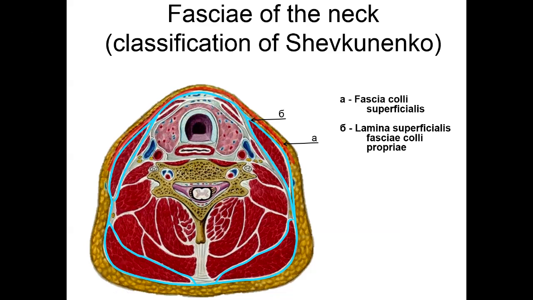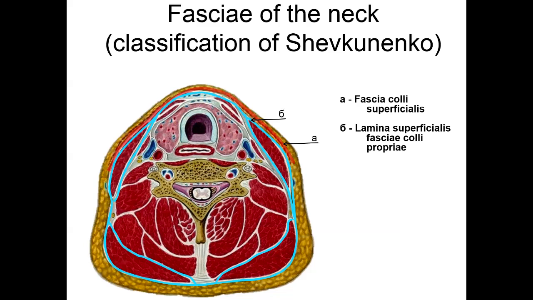And also, we can say that from this fascia to the transverse processes of cervical vertebrae goes a special lamina which divides the whole neck into an anterior part and a posterior part. Again, it's good to know for any situation with inflammation, with abscess of the neck.